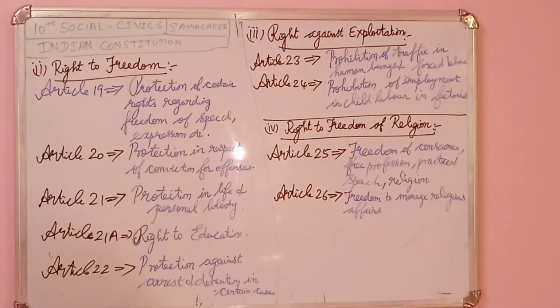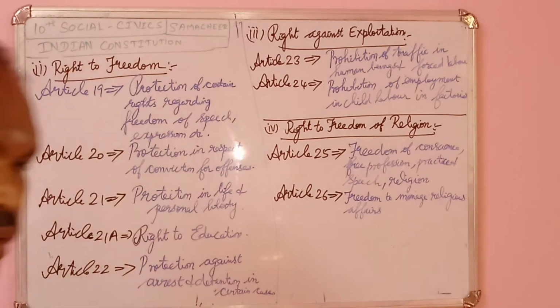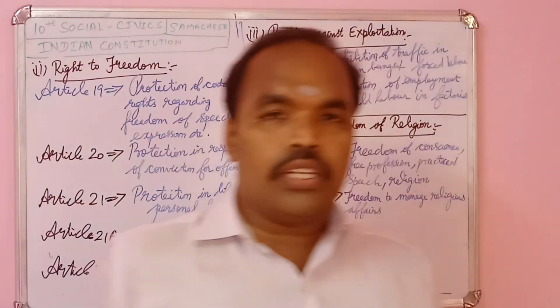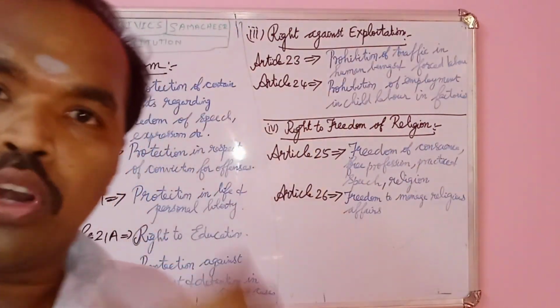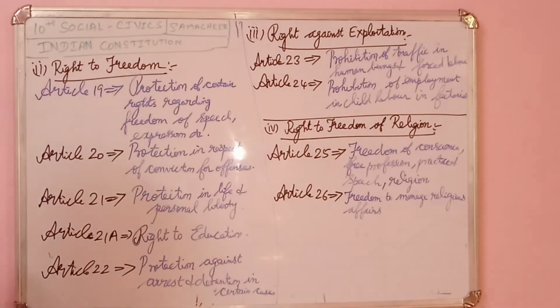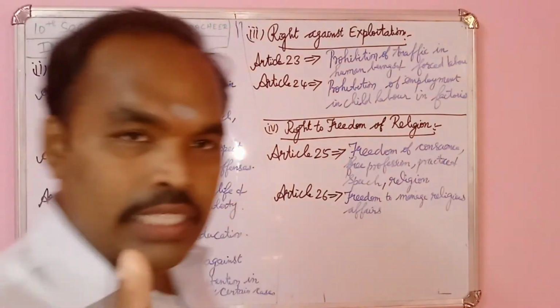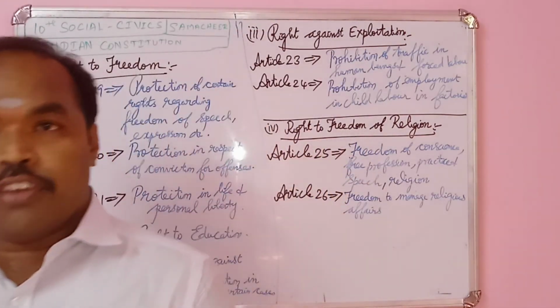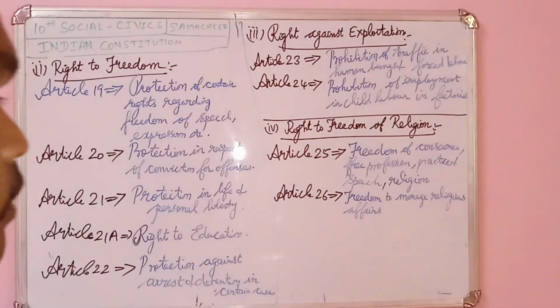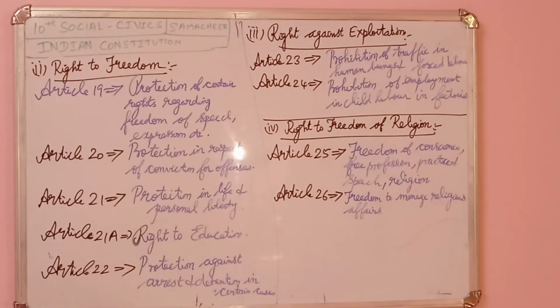Some people will be very dedicated and have more affairs in their religion. For that, no one should criticize, because that is their freedom. They are able to manage their religious affairs. So this is about Article 26.